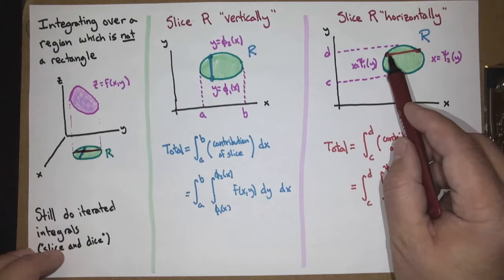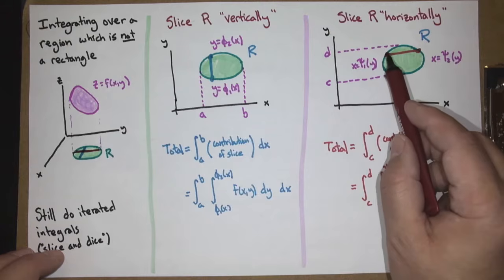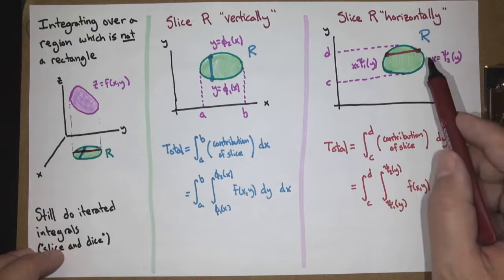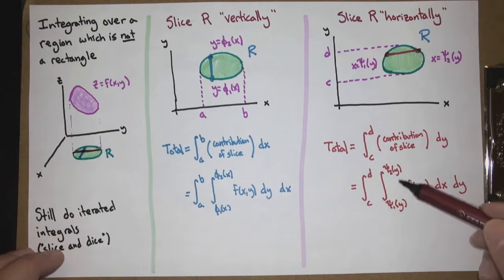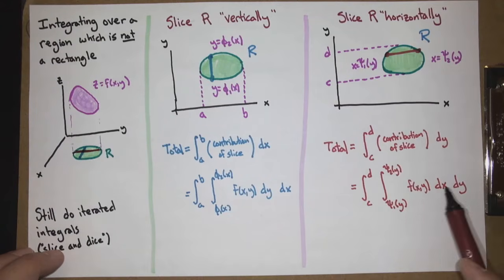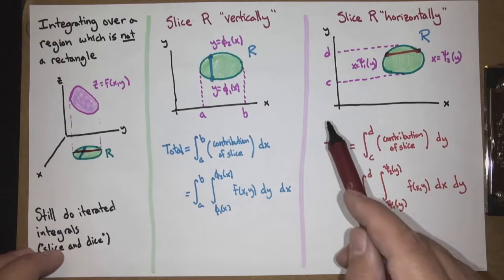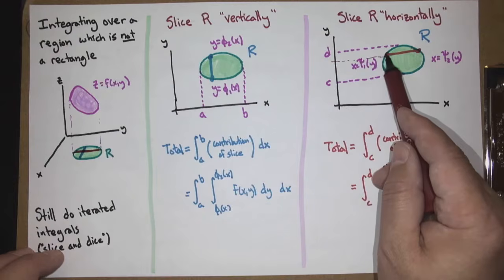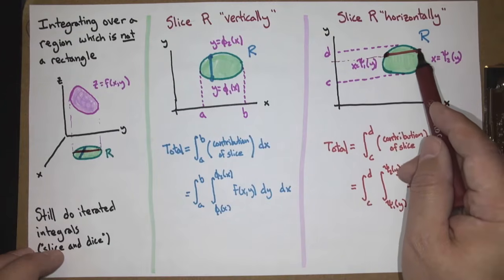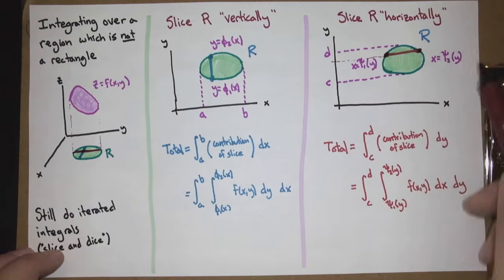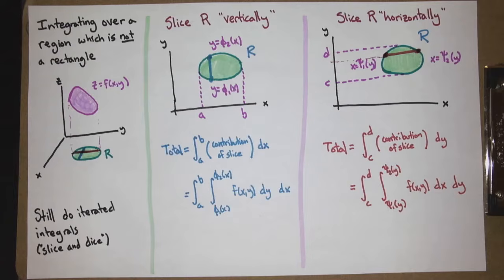Well, you go from left to right. Low value, high value. Whenever you're wondering which order you put the curves in, low to high. And so for the outer layer, we integrate from C to D for y. And then for a fixed y, we go from left to right. Psi 1 of y, that's the curve on the left, to psi 2 of y, that's the curve on the right.